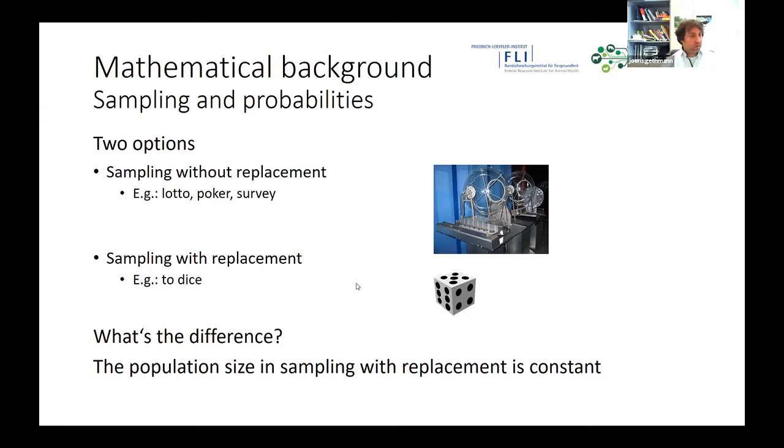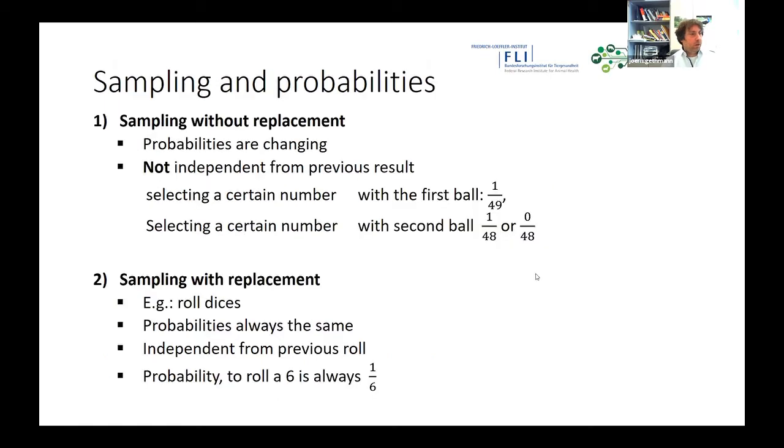So what is the difference? It seems quite similar, but it has an effect that is not very nice. Without replacement, the probabilities for each sample are changing. As I said before, selecting a certain number with the first ball out of 49 is 1 divided by 49.